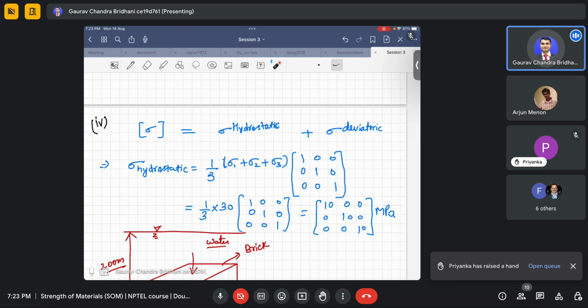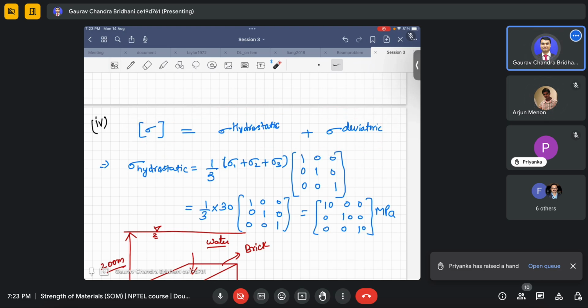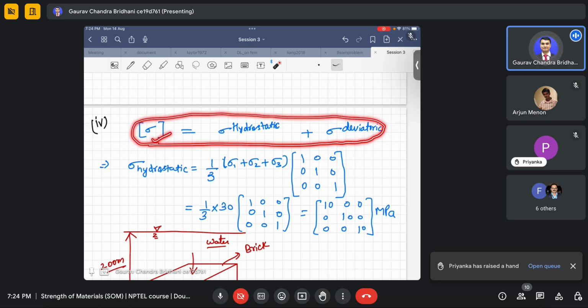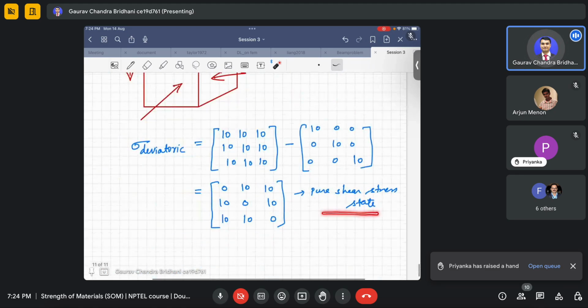So deviatoric is a concept which is enshrined here. Most of the time when we learn about it, we are decomposing the stress tensor. When you say that I1 is 0, then you are saying that it is actually a pure shear. That is why I wrote pure shear here, because pure shear is much more general than deviatoric.